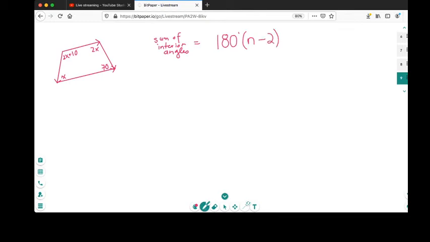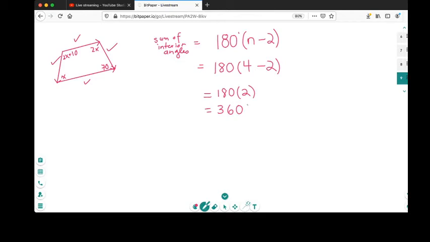In this case, I have 1, 2, 3, 4 sides of this shape, which means that my n is equal to 4. So we go 180 times 4 minus 2, which is going to equal 2, and then from there, we're going to get 360.